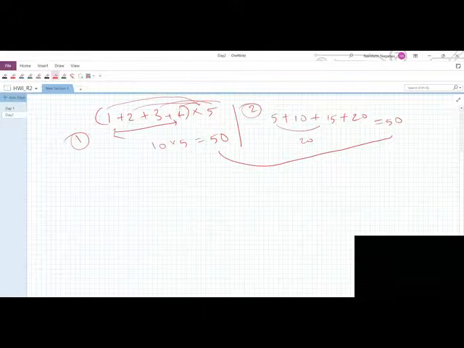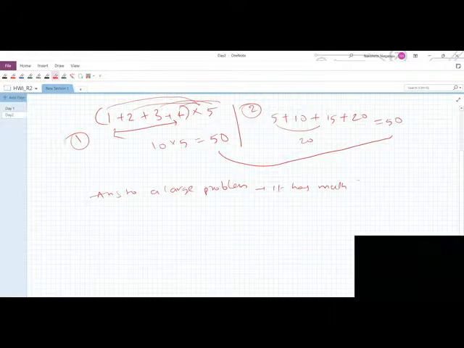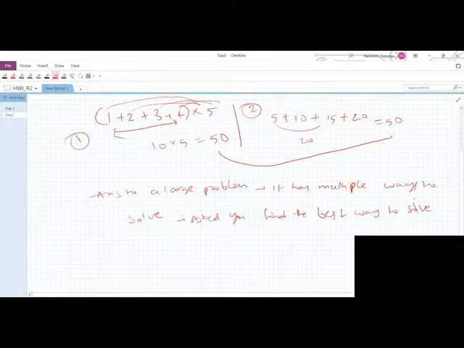Whenever you need to find the answer to a large problem and it has multiple ways to solve it, and instead of having multiple ways, they ask you to find the best way to solve the problem, in that case you need to use partition DP.